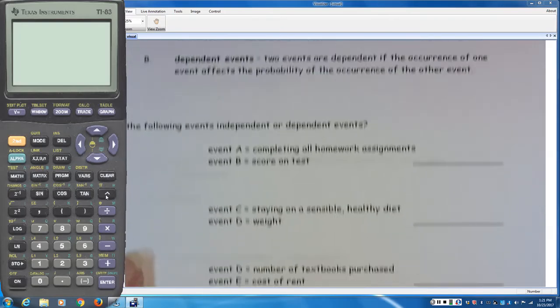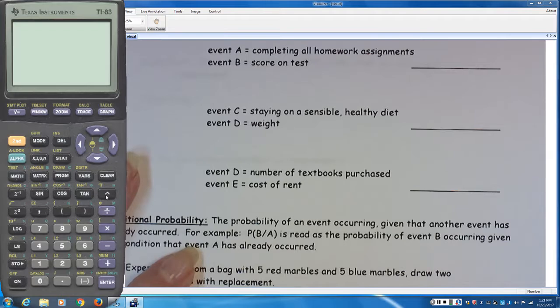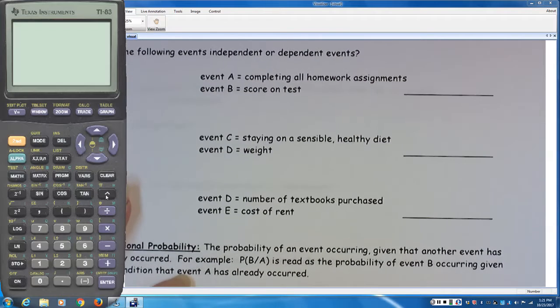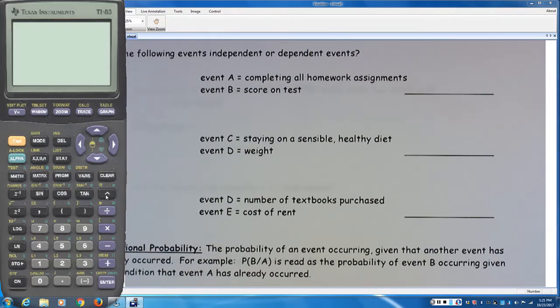So I want you to think about this and don't look for complicated definitions. Event A is that you complete all your homework assignments. Event B is your score on the test. Are event A and B independent or dependent? Dependent.